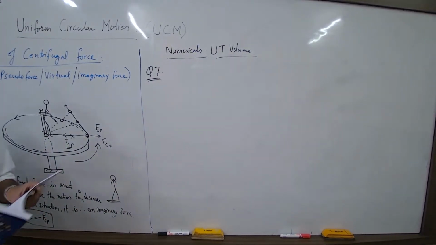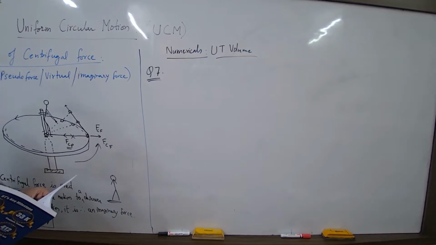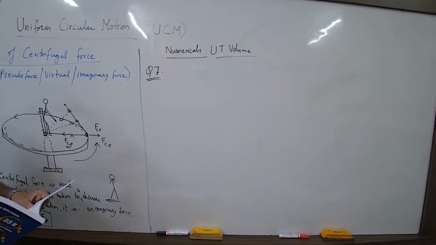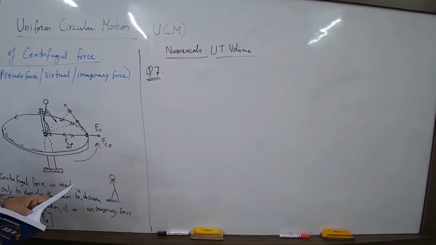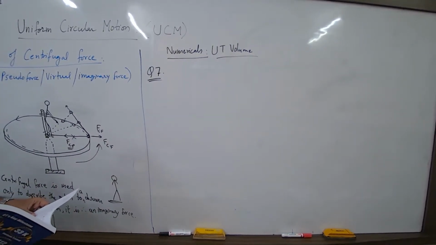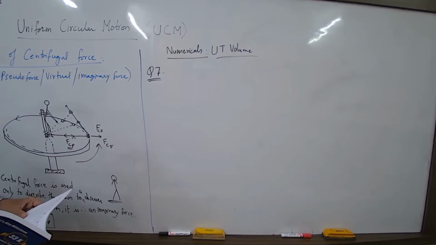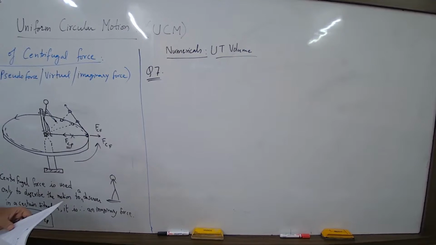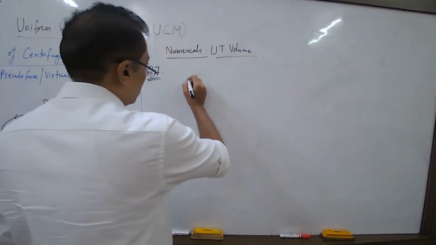Yes. So read 7. We have a uniform meter rule of mass 100 gram balanced on a fulcrum at mark 40 centimeter by suspending an unknown mass m at mark 20. So we have a meter rule.